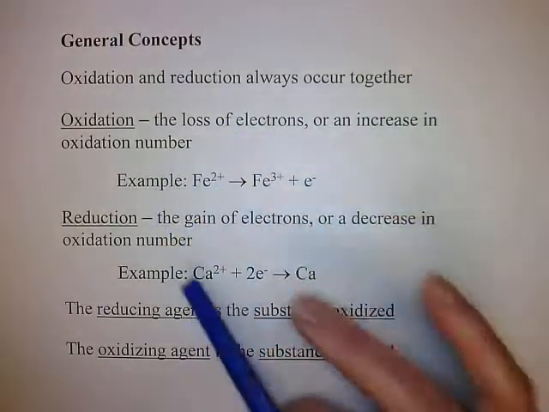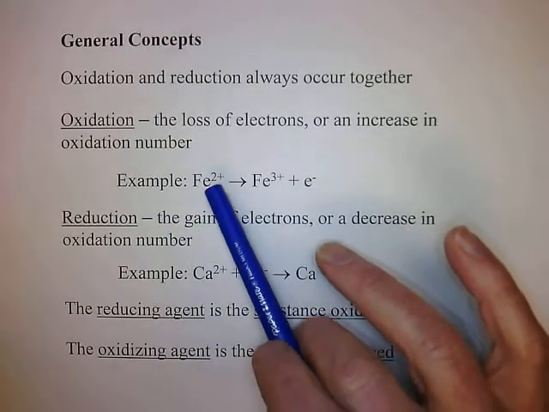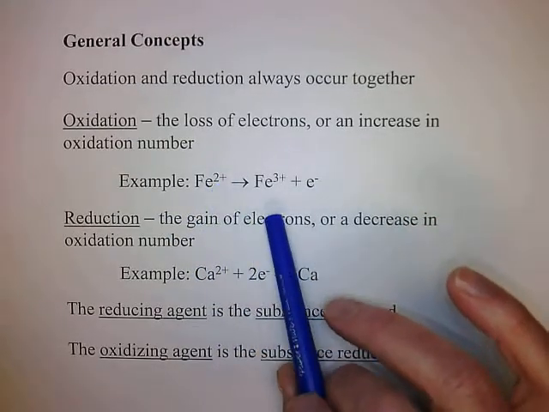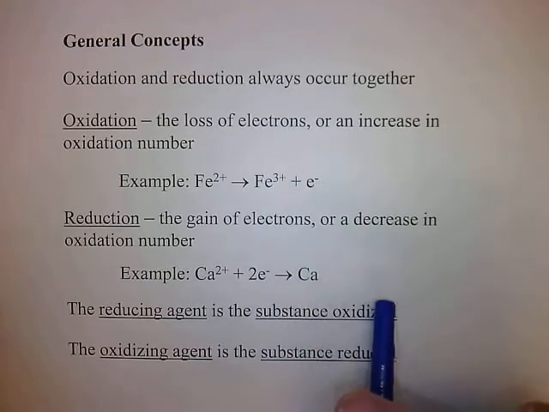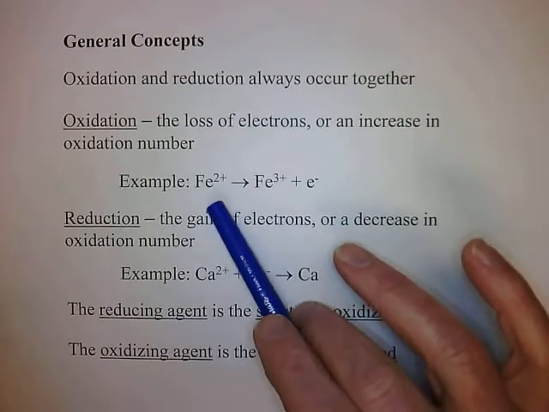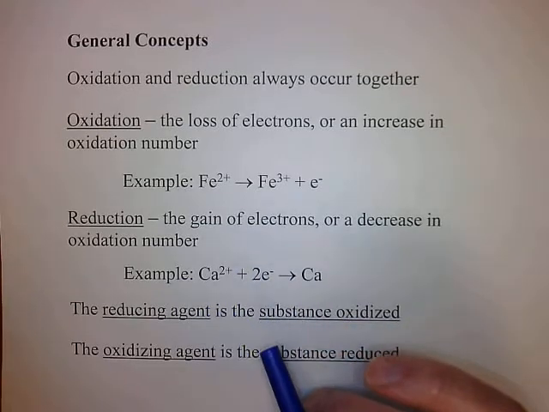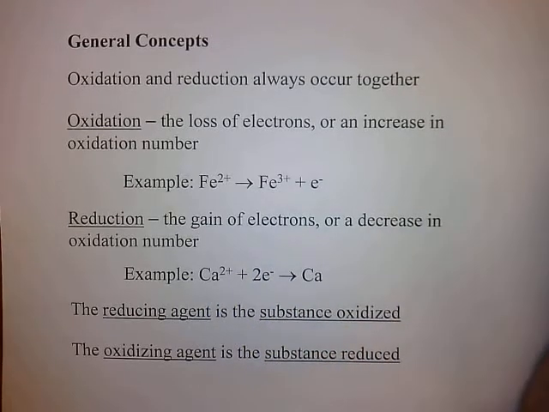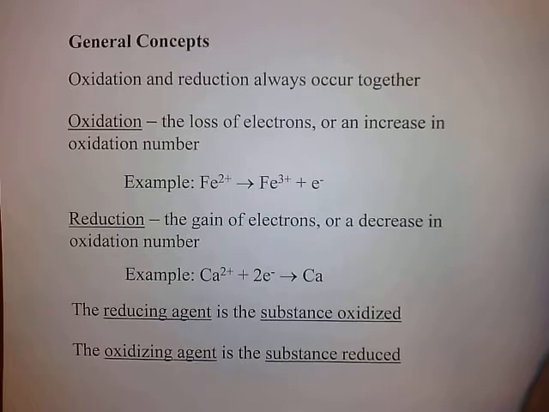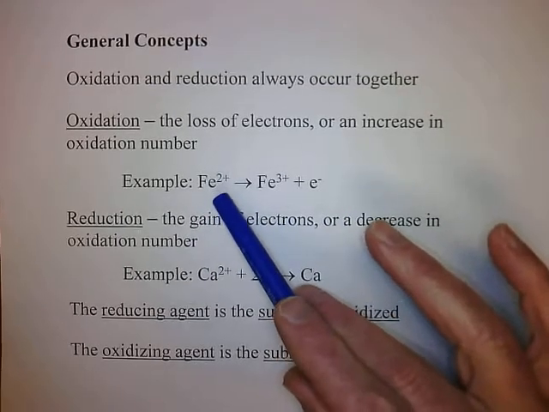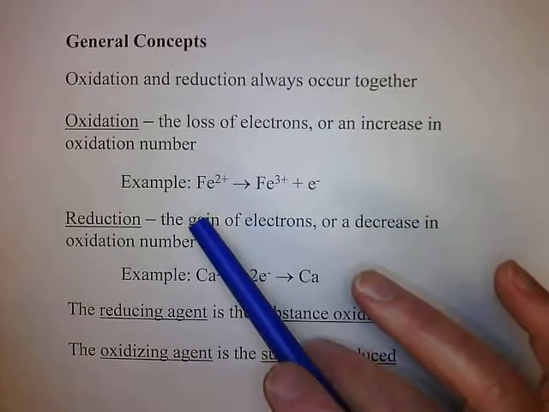Now for monatomic ions like this, we can think of the oxidation number as the same as the charge. So here the oxidation number is 2 plus, here it's 3 plus. Okay. And what did we teach you all the way back in Chem 1? That positive ions are formed by the loss of electrons.